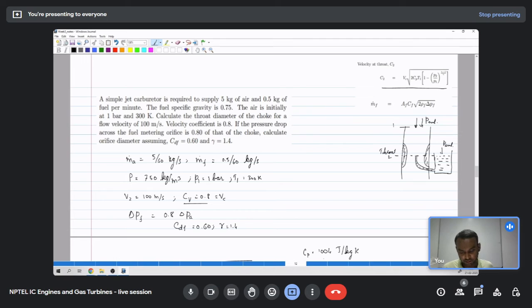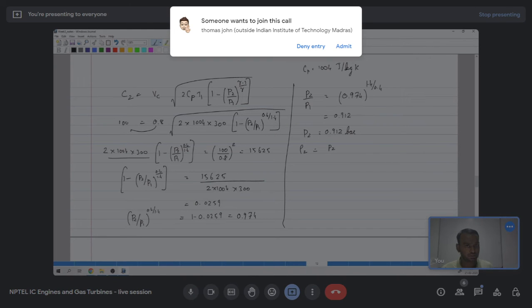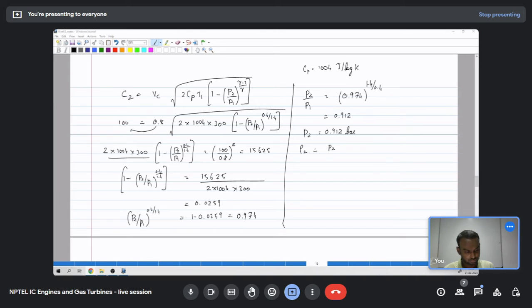So we have to calculate the throat diameter. For this we need the density at state 2, which is P2 by RT2. To calculate density at state 2 we need pressure and temperature.